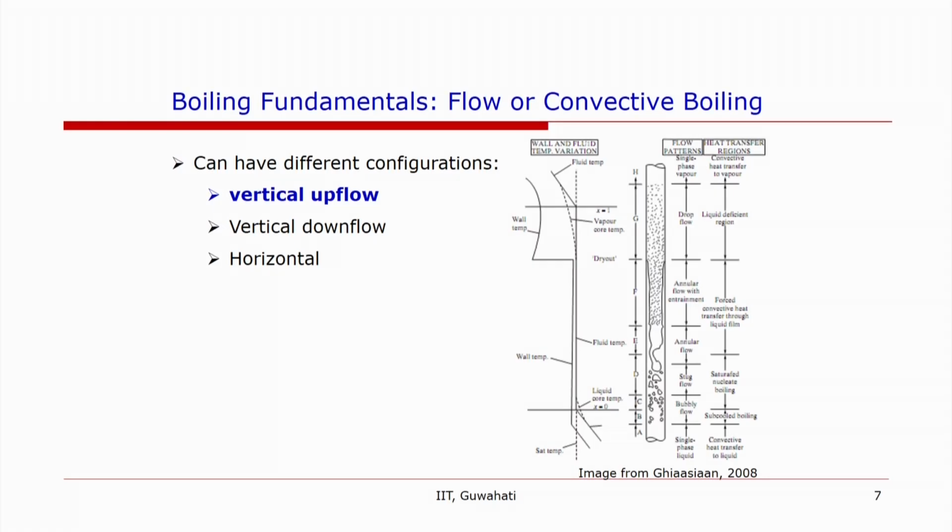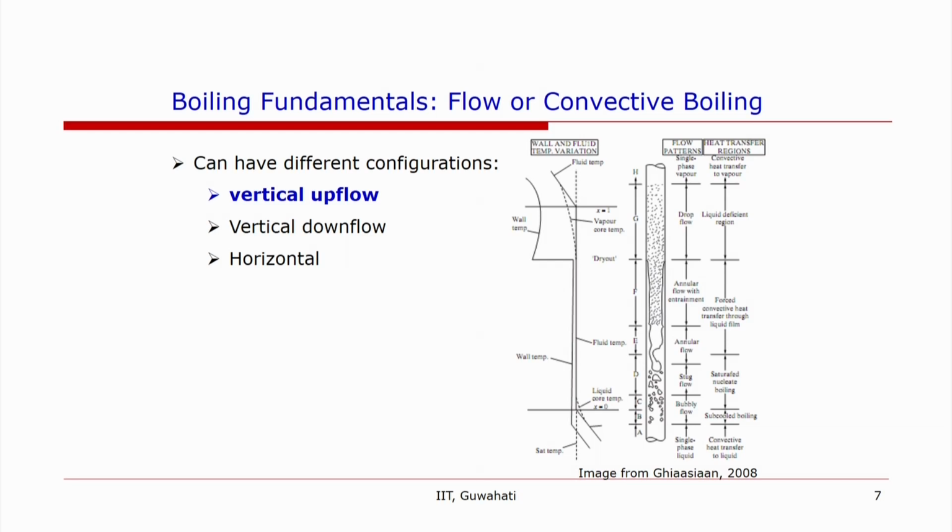Now the other form of boiling, which is known as flow or convective boiling, refers to the boiling in a channel. Now in an environment where gravity is present, the orientation of the channel is going to matter, because in the presence of gravity, buoyancy force will be there, as the liquid and vapor phases have very different densities.